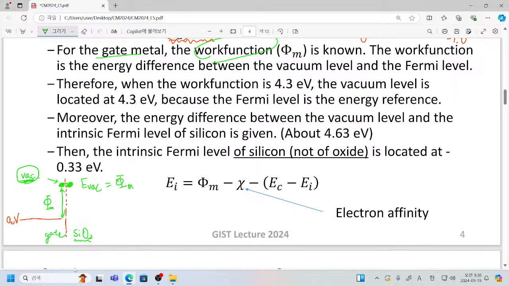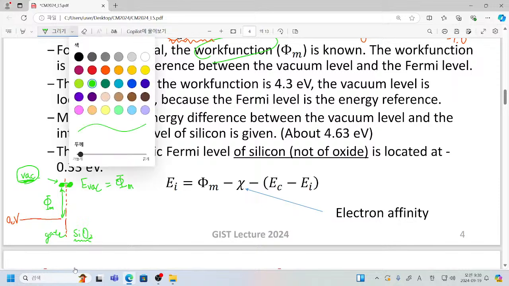Okay, so now here we have silicon dioxide, but the quantity we have to find out is no longer silicon dioxide's intrinsic Fermi level. Instead, what we have to evaluate is the intrinsic Fermi level of our silicon material.